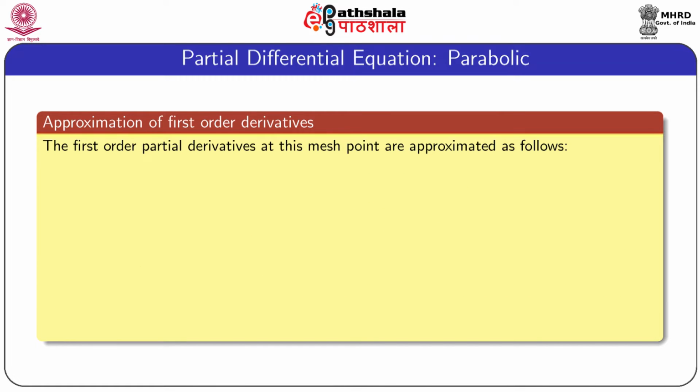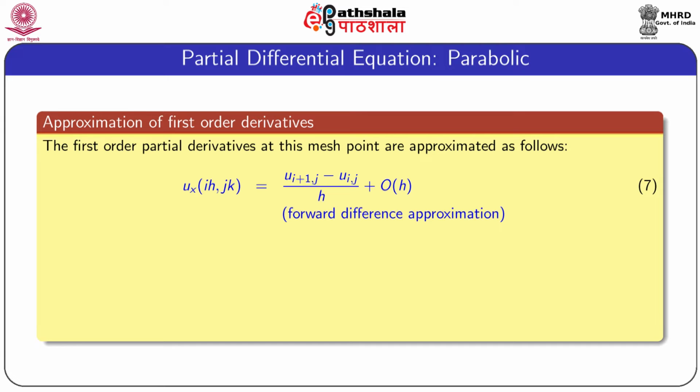The first order partial derivatives are approximated in terms of central difference approximation or other difference approximation. The first order partial derivative with respect to x, that means del u del x, is approximated as ui plus 1 comma j minus ui comma j whole divided by h plus order of h. So this is the forward difference approximation.